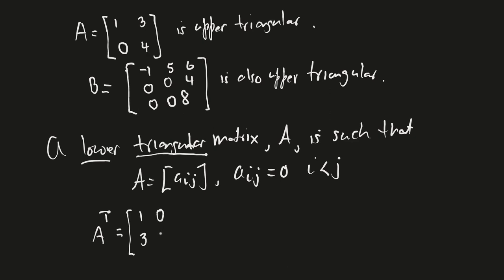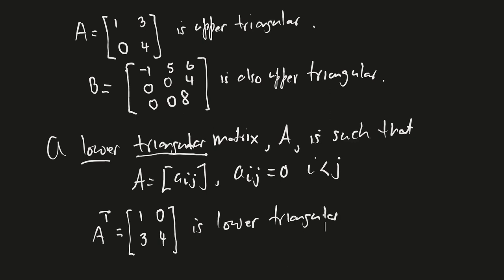Now look where that 0 is now located. That 0 is now above the main diagonal. And so in a lower triangular matrix, you're allowed to have any numbers on or below the main diagonal, but everything above now has to be 0. So this one is lower triangular.